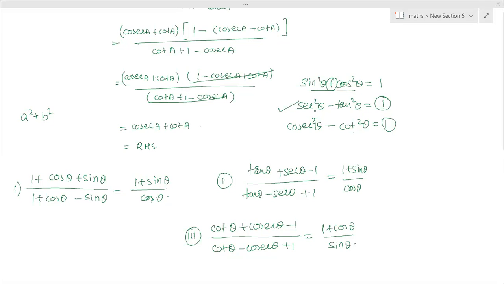Mom, the first answer at the left hand side I got sec plus tan plus 1. Plus 1, how will you get? No, mom. No, I didn't get 1. I multiplied.